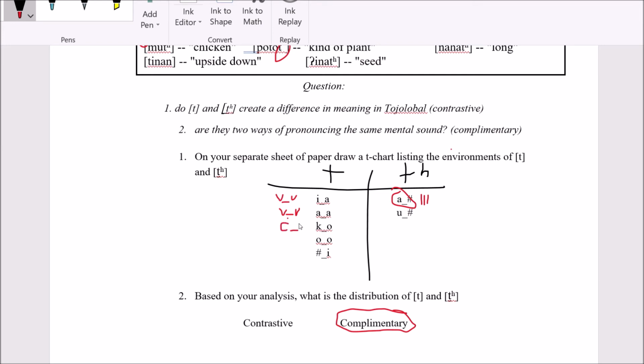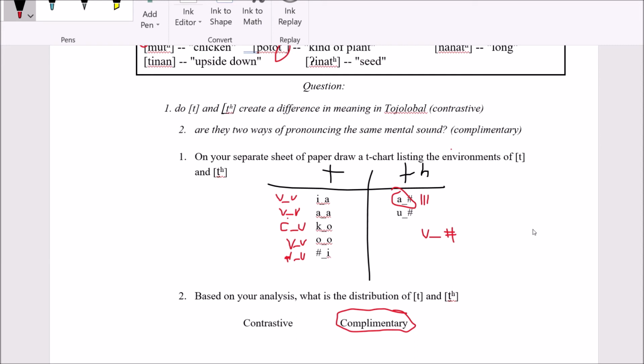So again, consonant, vowel, that changes things up a bit, and now we have vowel, vowel, and then I have a word boundary and a vowel. And then in all of these different examples, we had 4 times that the sound appeared. It always appeared between a vowel and the end of a word.